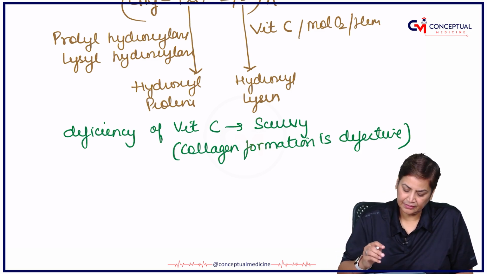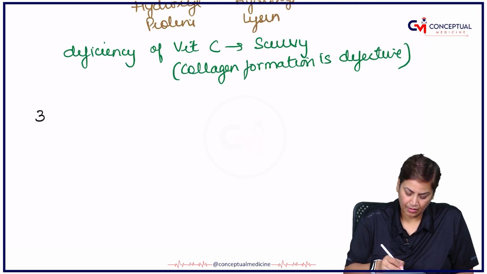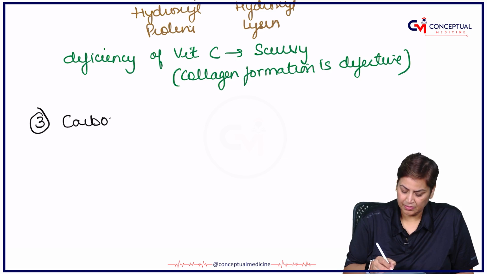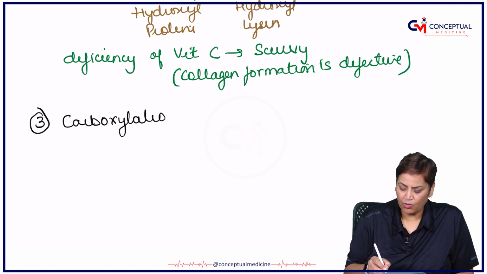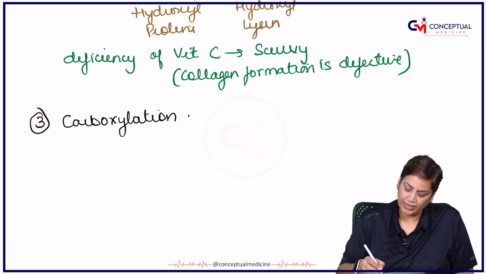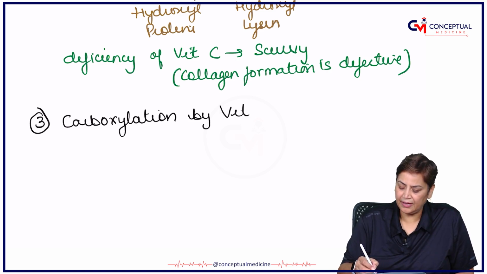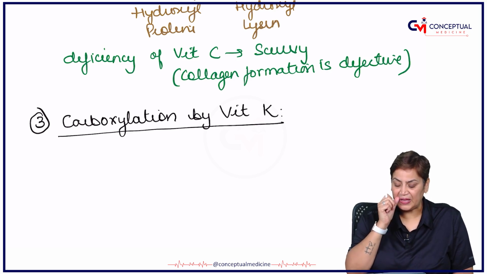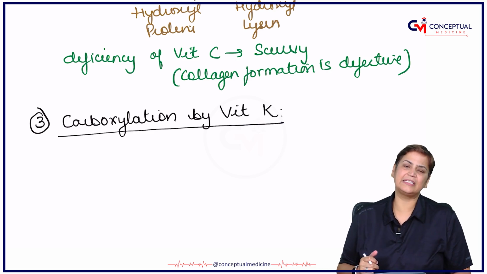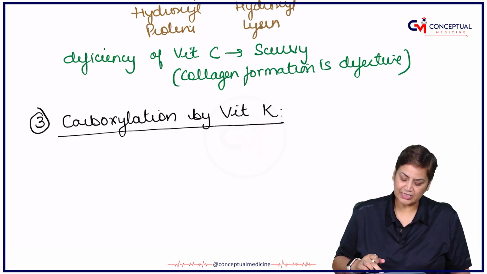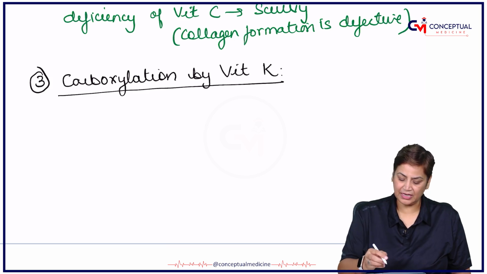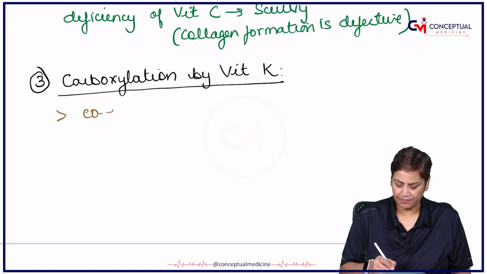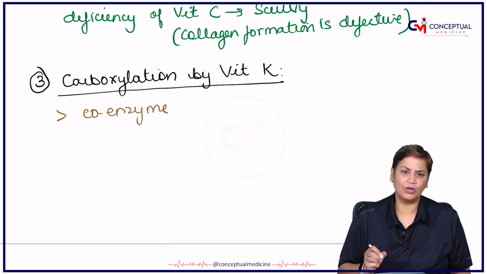Then another example is carboxylation, by vitamin K. Very important. We all know that vitamin K stands for coagulation. So what is the function catalyzed by vitamin K? This is the only fat soluble vitamin acting as a coenzyme. And what is its function?